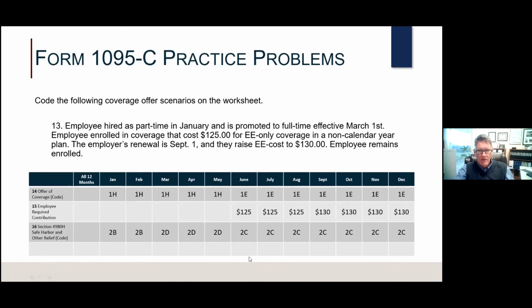So here we have a cost of coverage of 125 through August, but then that changed as of September. The system has to have this data so that this number is properly populated. The rest of it we've already pretty much covered. 1H, 2B, the part-time employee code, waiting period code here, and then 1E, the cost of coverage in 2C.